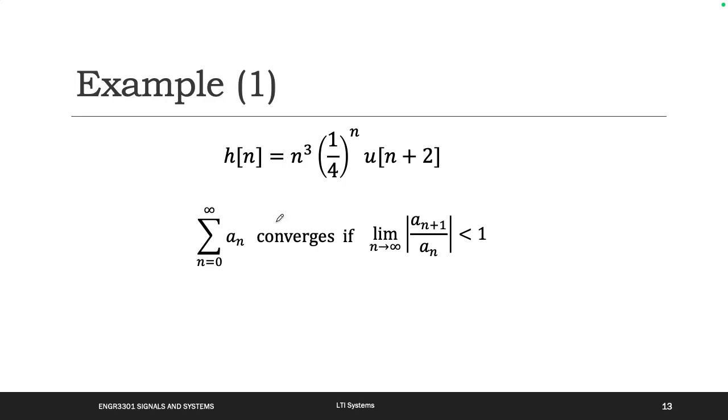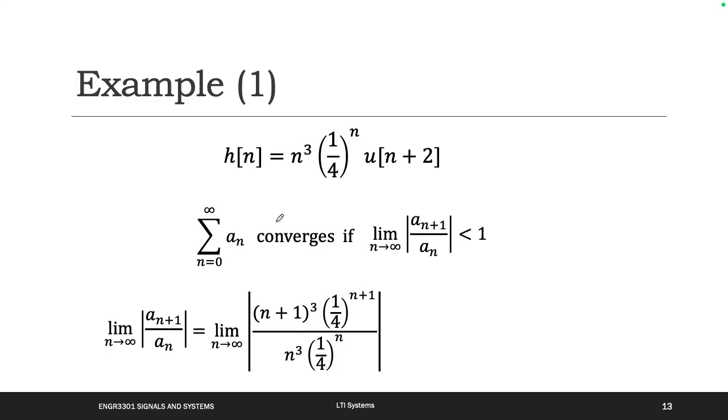Then it converges. Yeah, it's a mathematical fact. Because it starts from -2 to infinity for this one, it's similar. Does that make sense to you? So we need to put this equation into here. If the limit as n goes to infinity is smaller than 1, it will be called stable.